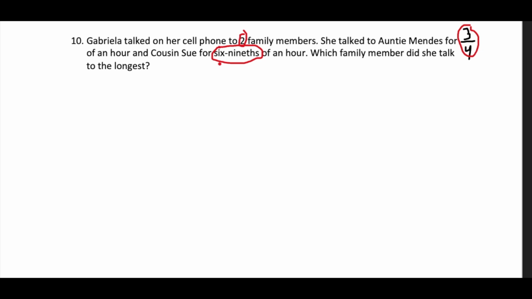Now, in order to find out which one she talked to the longest, we need to compare the 2 fractions. We have 6/9 and 3/4. So we're going to compare 3/4 to 6/9. We're going to use cross multiplication.